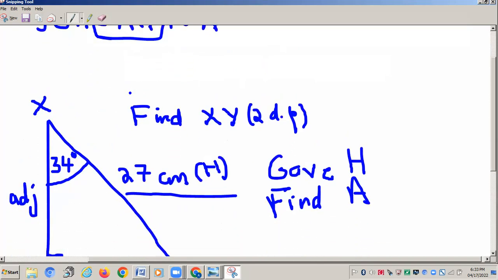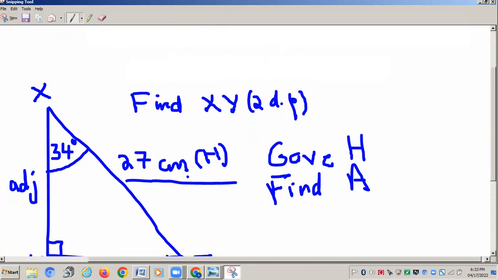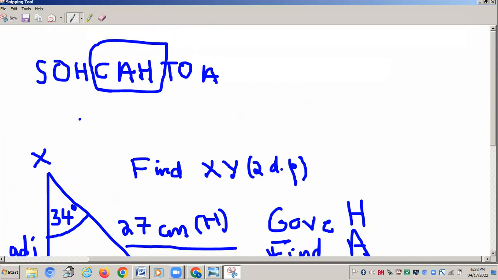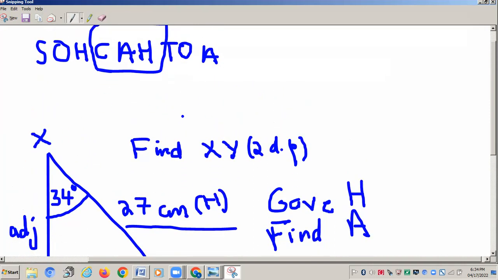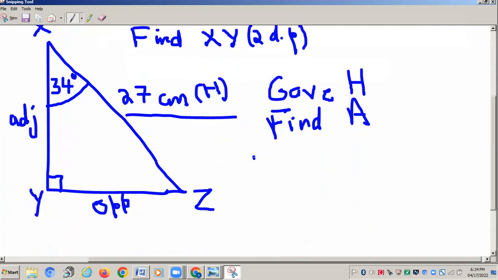So you basically look for what they ask for and what information we have. We have the hypotenuse, and I want to find the adjacent side. So therefore it must be cos. Now, once we know which button to press, we're good.